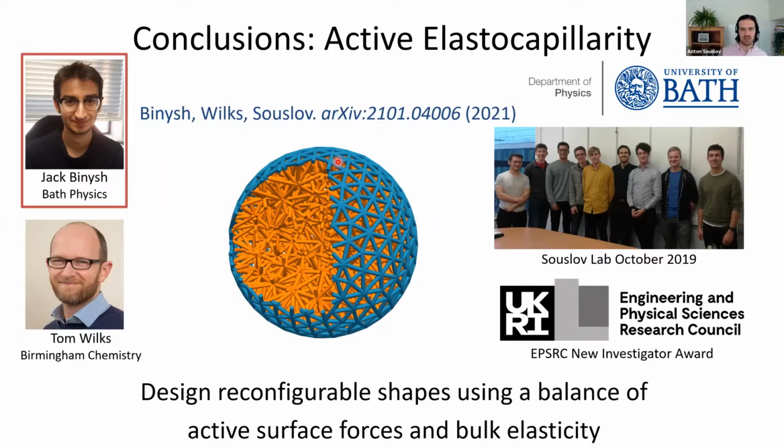And then the active surface springs, we set them artificially to all have the same stress that they exert. So in some sense, it's designed to have the same kind of phenomenology that we had in the continuum. I don't know if that answers your question.